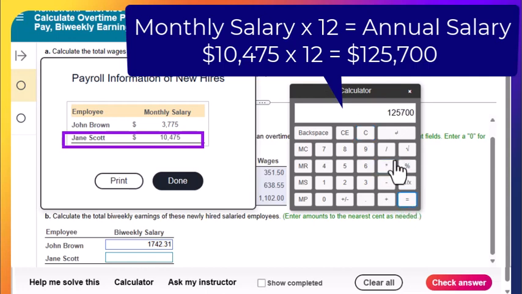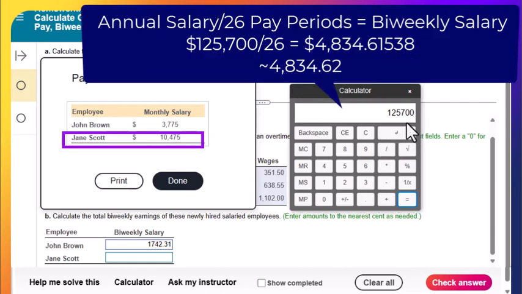And then we're going to go ahead and take this annual salary now of $125,700 and divide it by the 26 pay periods in order to get her biweekly earnings. Looks like we're going to be rounding here again to 62 cents since we do have a long decimal. So we're going to have $4,834.62 as her biweekly pay.